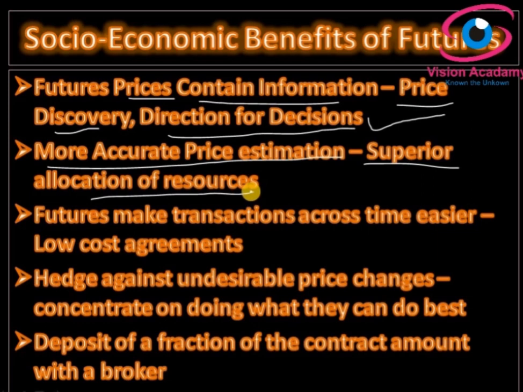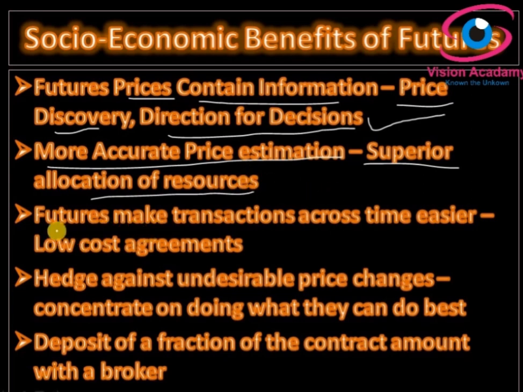You can make an optimum allocation of your resources, whether producers or consumers, for better decisions about how much commodity to produce and consume, in the present versus in the future. For many decisions, the allocation of resources is very important, and because futures contracts make a very accurate price estimation, all this is possible.